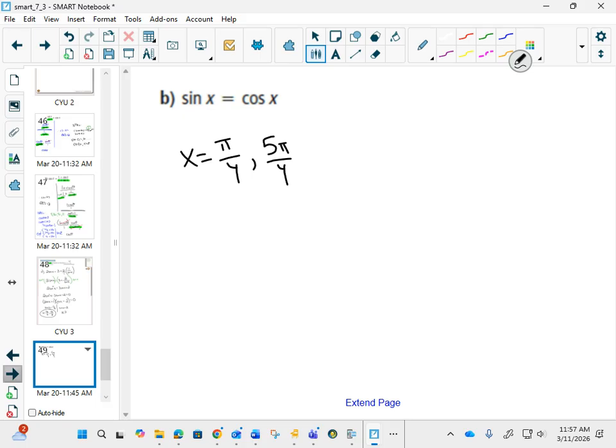If you wanted to do this with identities, you would do the following. What happens if I divide both sides by cos? If I divide this side by cos, I would get this. If I divided the right side by cos, I'd get 1. What can I change sine x over cos x to? I can change it to tan.